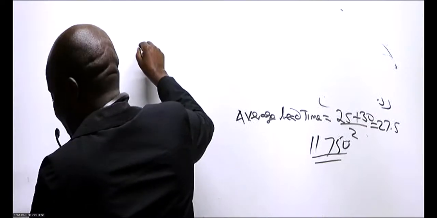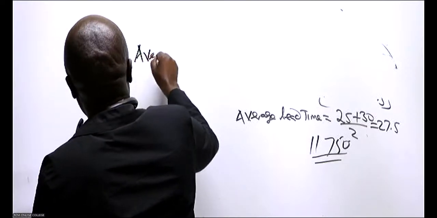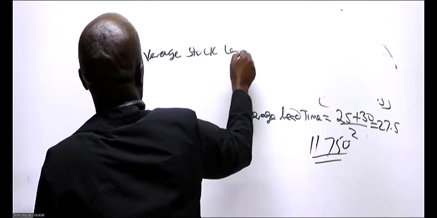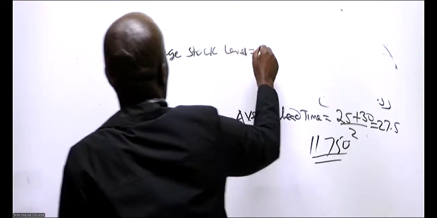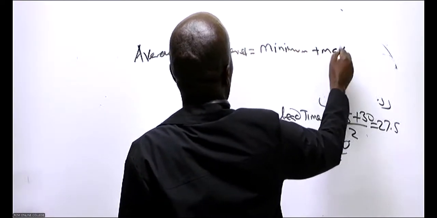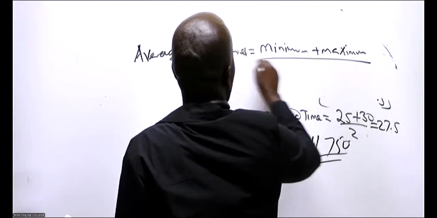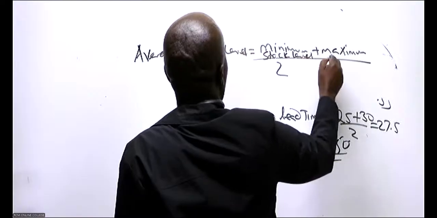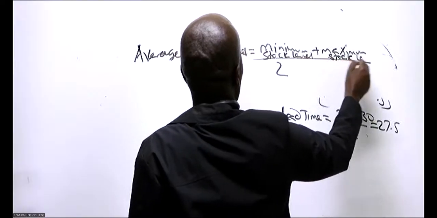So we have here average stock level is minimum plus maximum, divided by 2. Remember, it's minimum stock level and maximum stock level.